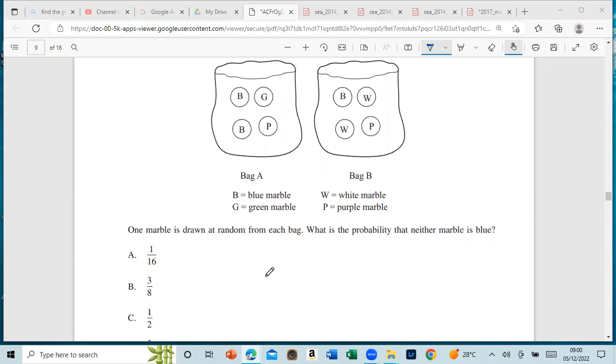What is the probability that neither marble is blue? For the first bag, neither would be a half, because we have 2 blue. For this one, we only have 1 blue, so the option would be 3 out of 4. For neither, we multiply, so 1 times 3 is 3, and 2 times 4 is 8. So that would be B.